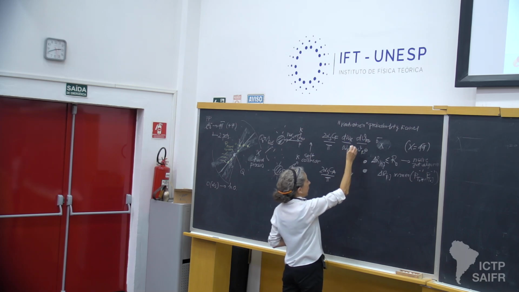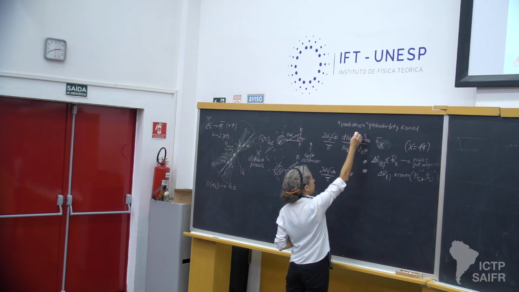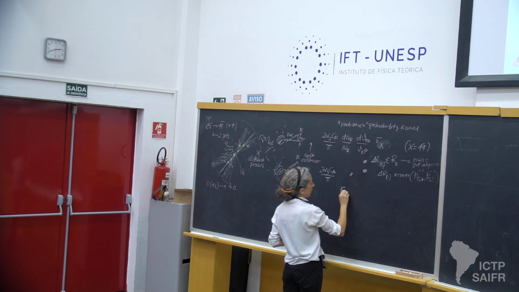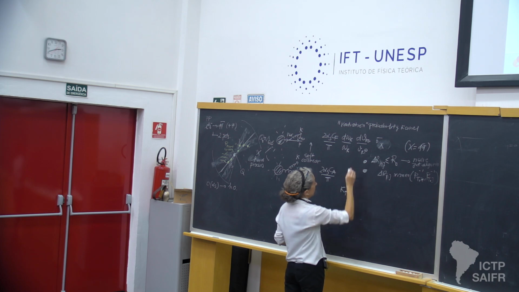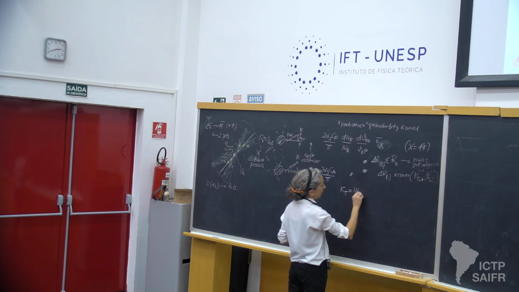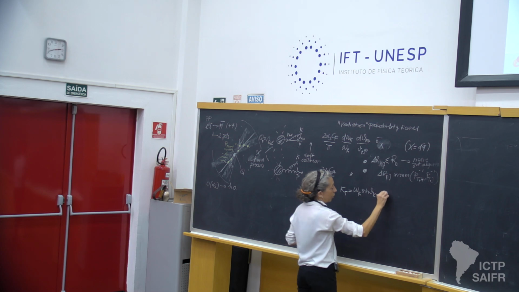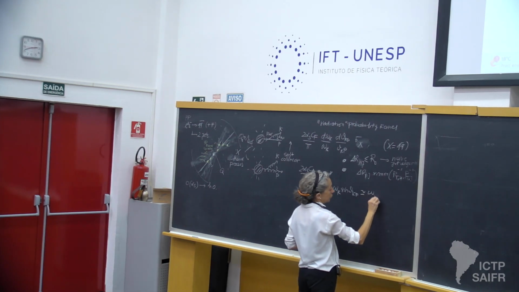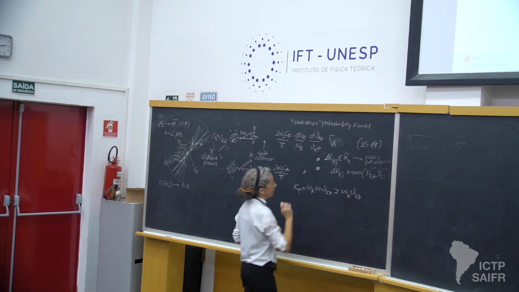There is a quantity related to both of them: the transverse momentum of this object. That is just the energy, omega k, times the sine of this angle. For small angles, this is just the product of the two, so it's omega times theta.